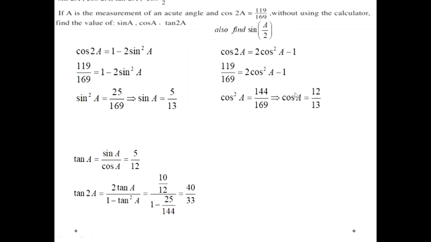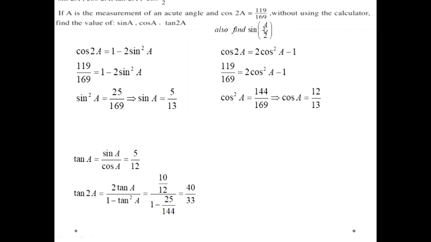Sine A over cosine A will equal 5 over 12. And again, we are in the first quadrant. Tan will stay positive. So tan 2A will equal 2 tan A over 1 minus tan square A. By using the calculator, we have the final result. Okay, do you have any troubles? Okay, how about the last one?